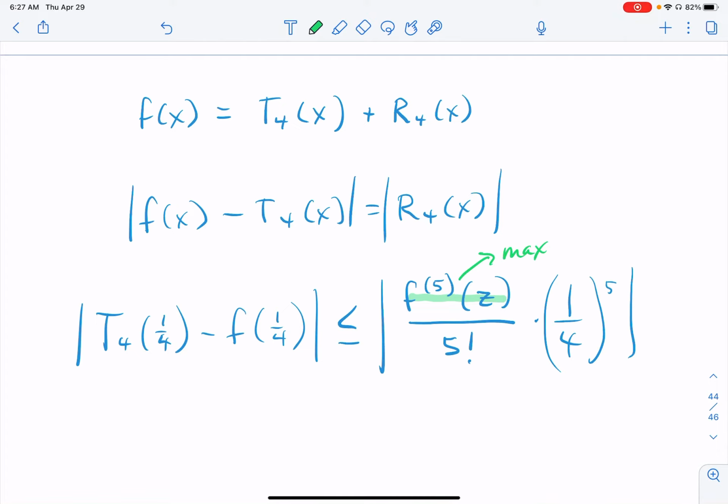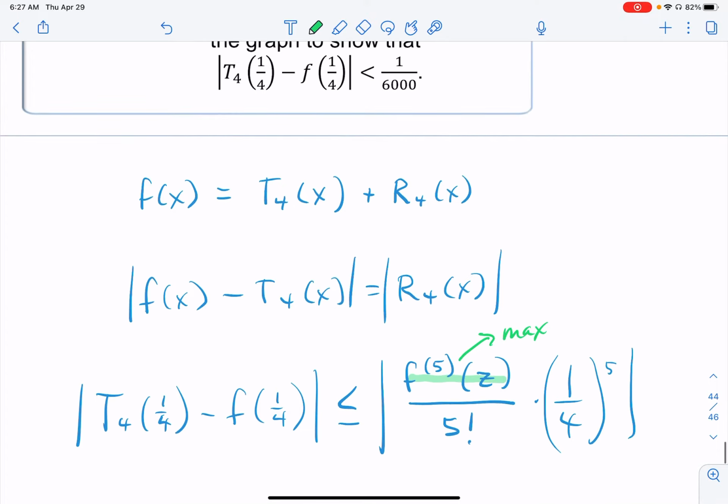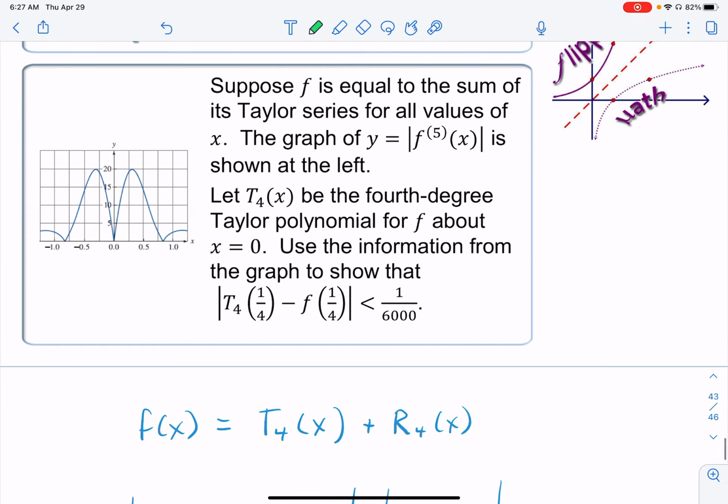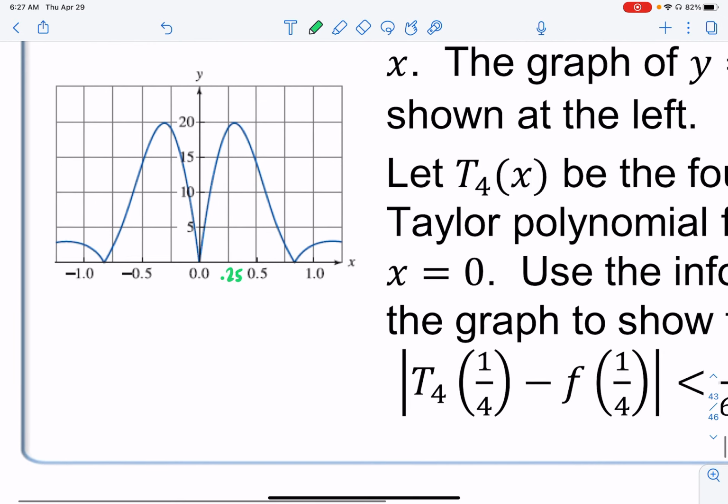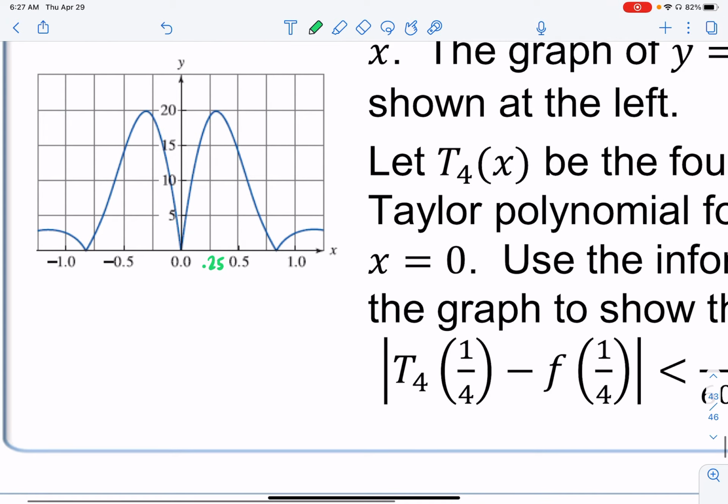And in this case, we're going to get that value from the graph that they gave us. So let's take a look at the graph. The graph looks like it's going up by 0.25, which is handy for us because we need to find the maximum value between x equals 0 and where we are approximating it, which is x equals 0.25.